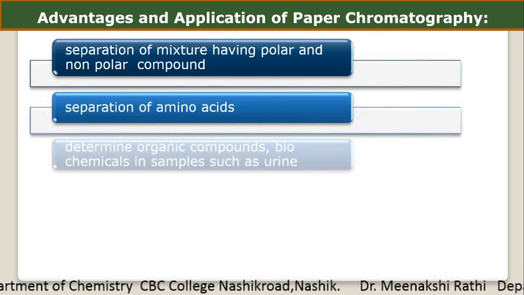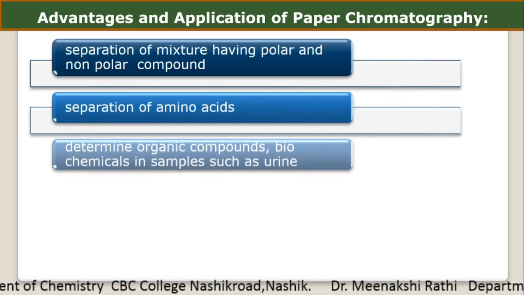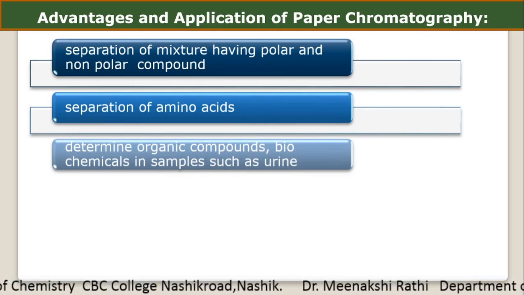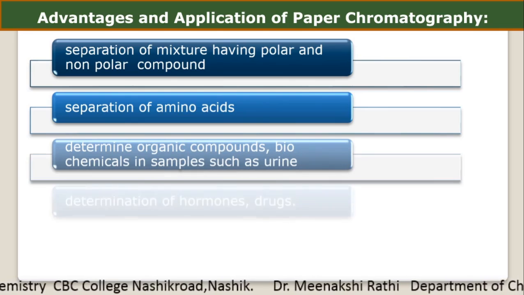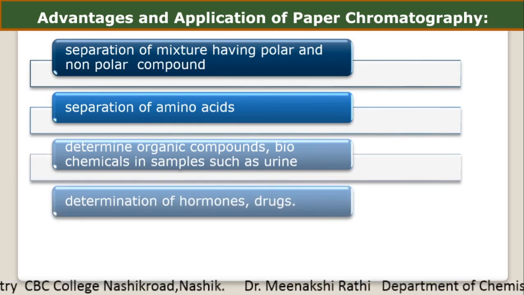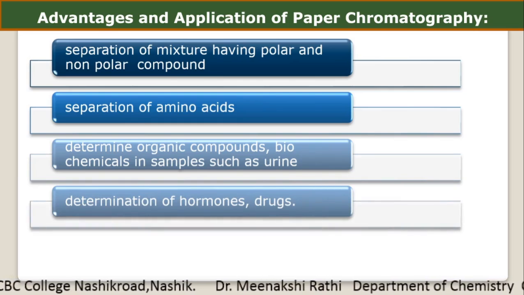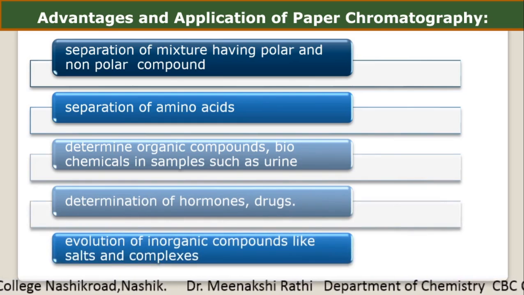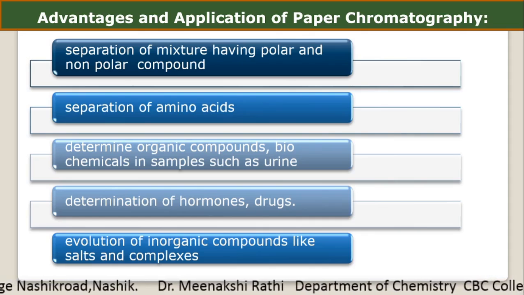The paper chromatographic technique is used to determine organic compounds and biochemicals in samples such as urine. It is also used for the determination of hormones and drugs, and sometimes it is used for the evaluation of inorganic compounds like salts and complexes.